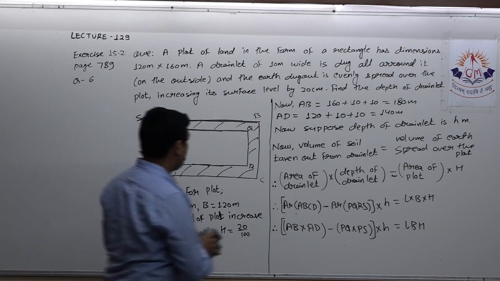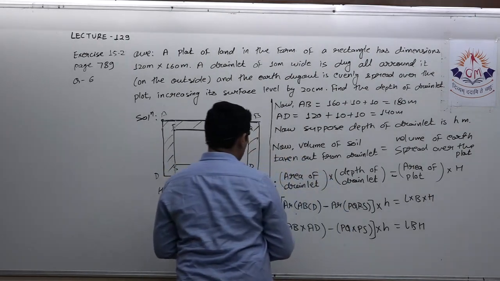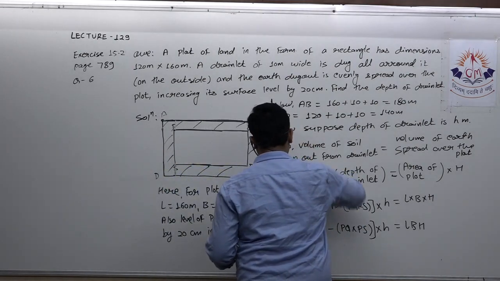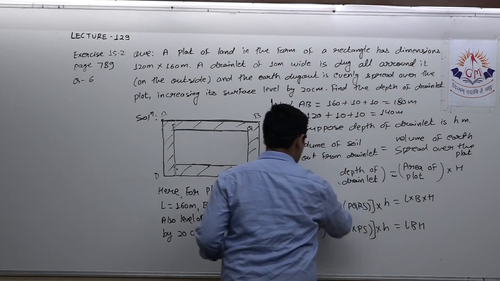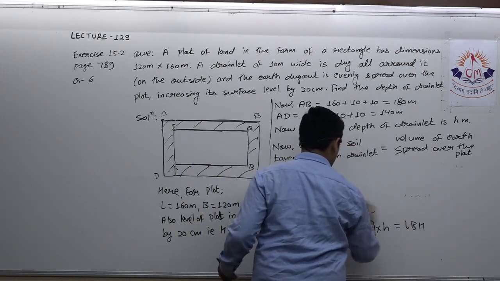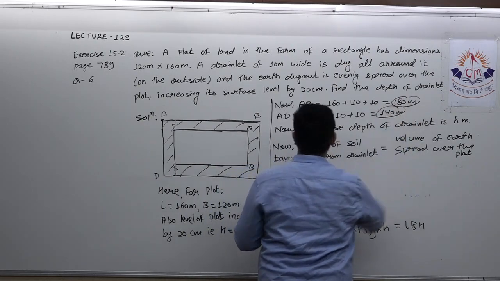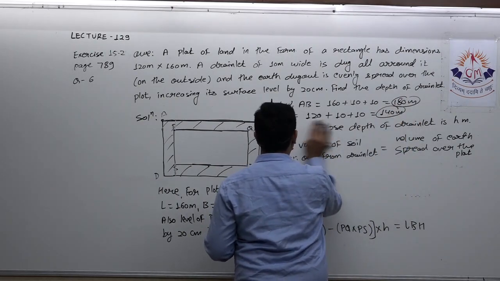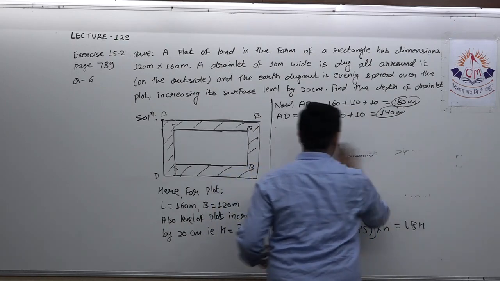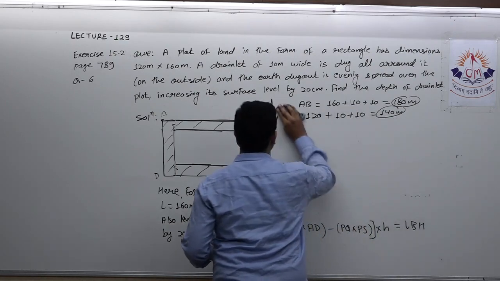Okay, so now here I am going to put the values. AB and AD, this is AB, this is AD, that I need 180 and 140.